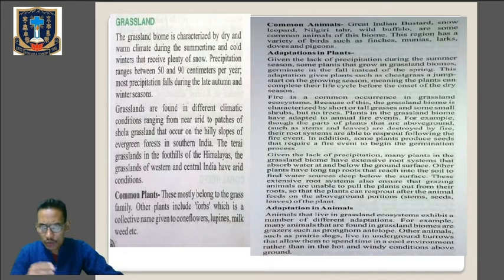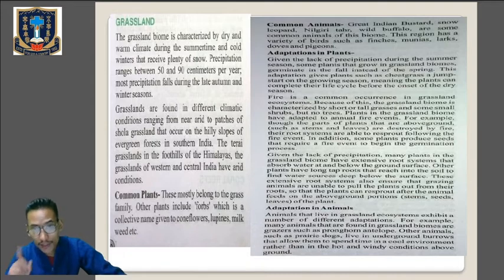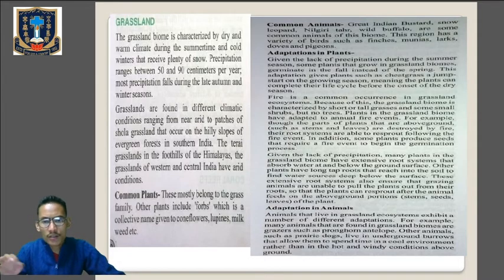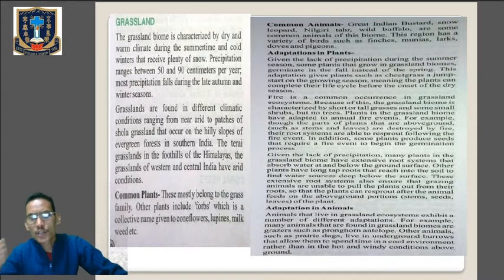Okay, so one of the most important adaptive features is the root of these plants, see very carefully. The root systems of these plants are adapted in such a way that after the fire is over, the root systems can again resprout, again germinate, and produce the seeds.